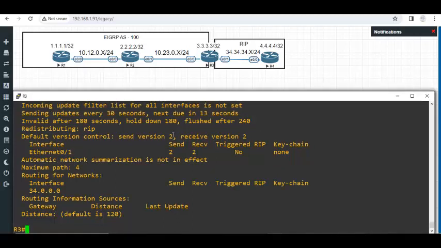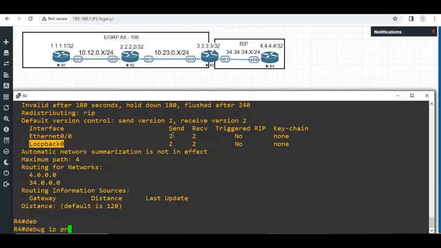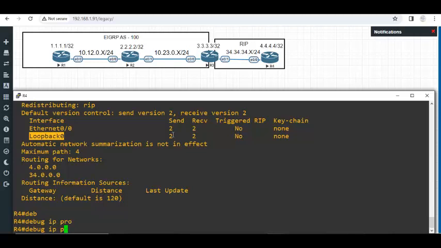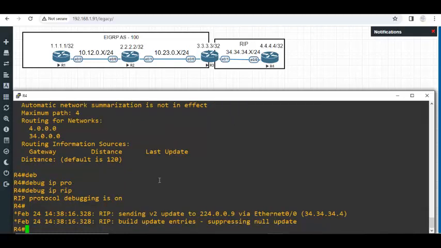I'm just trying to troubleshoot. Okay, this is sending RIP version 2. Good. But I'm not learning any update from router 3.